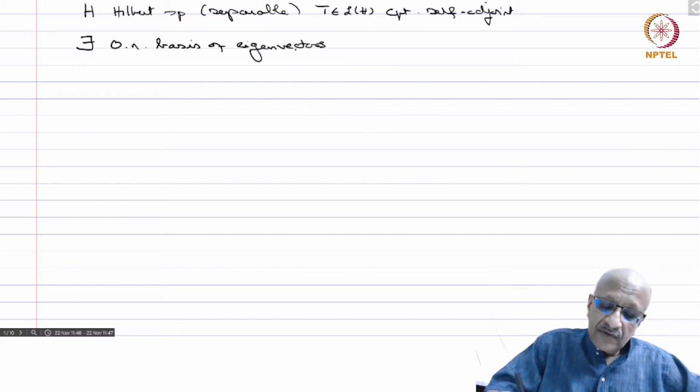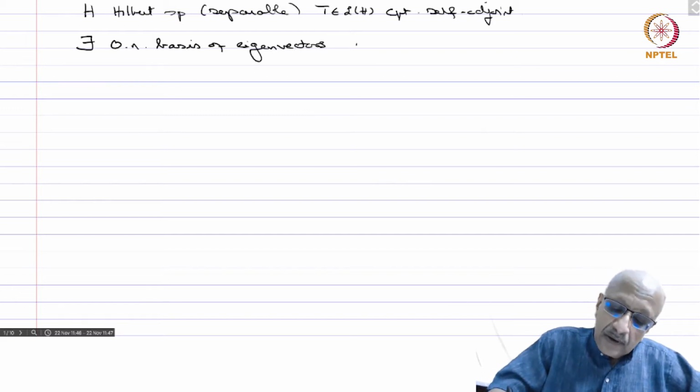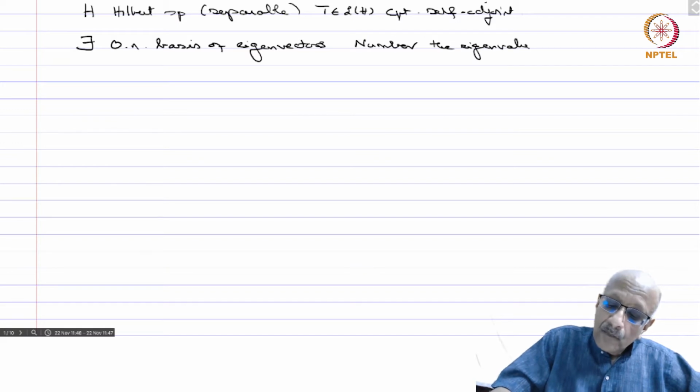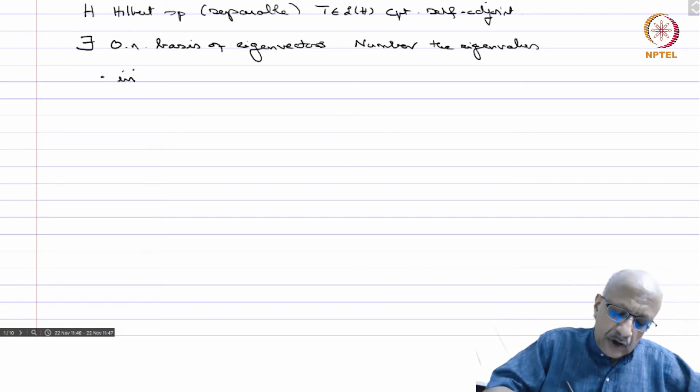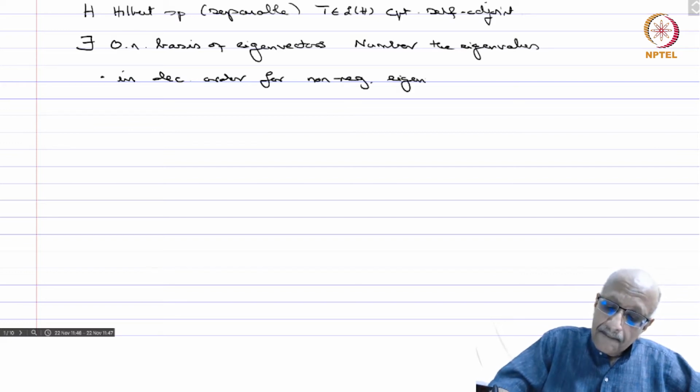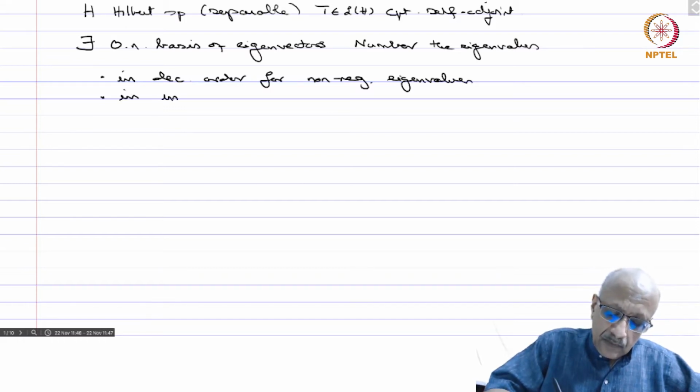So for each eigenvector, choose a corresponding eigenvalue, and then we number the eigenvalues in decreasing order for non-negative eigenvalues, and in increasing order for non-positive eigenvalues.